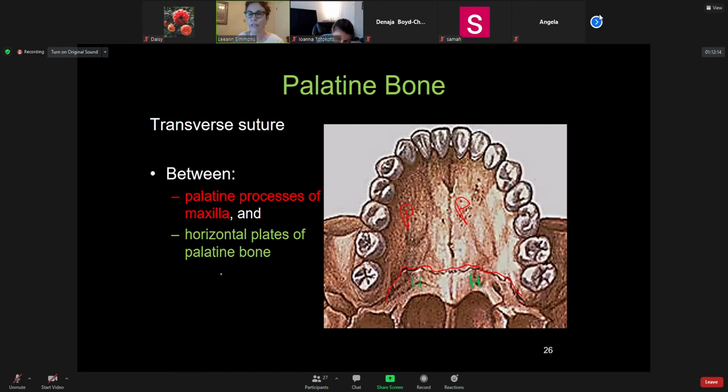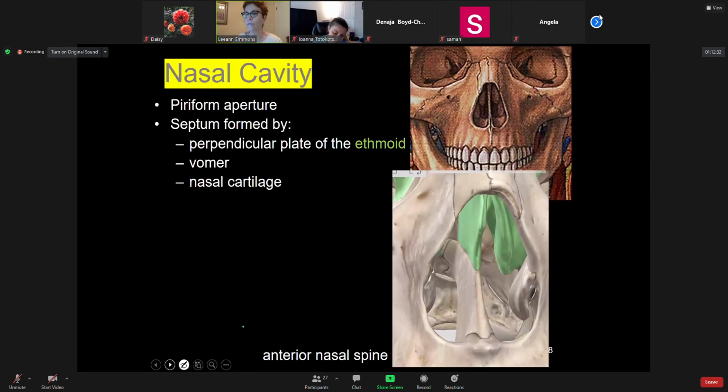So what I've indicated in green are actually plates of that palatine bone. They're not part of the maxilla. Everybody okay with that? This is part of where you work, guys. You really need to know these things. You're not just technicians. You've got a license and a degree.